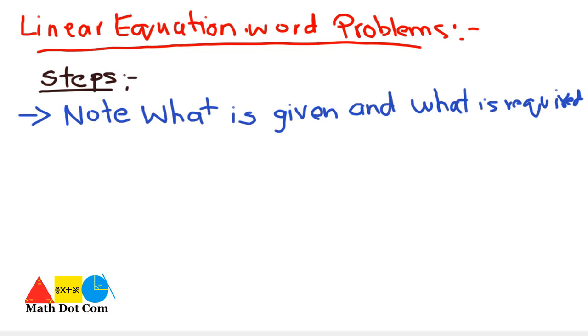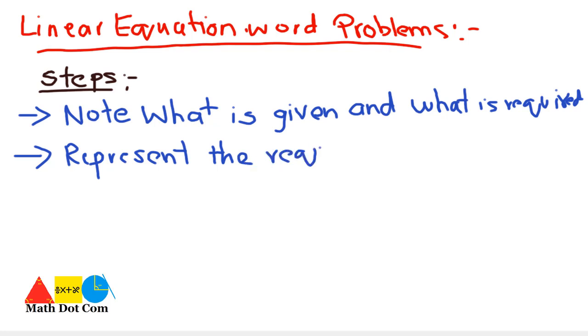Okay, once you have decided, then what you have to do is represent the required or unknown quantities by a variable.